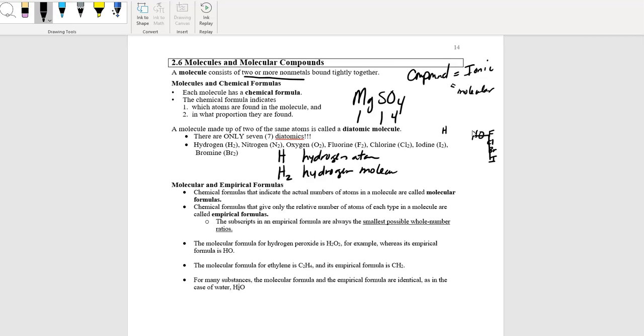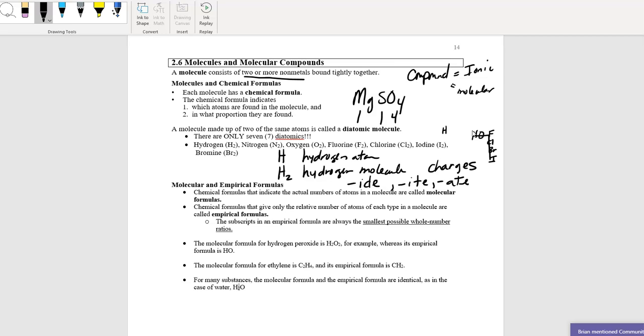That's a molecule. You don't start changing the names of the endings like IDE, ATE, or ITE until you start putting charges, because those endings mean you're talking about ions.